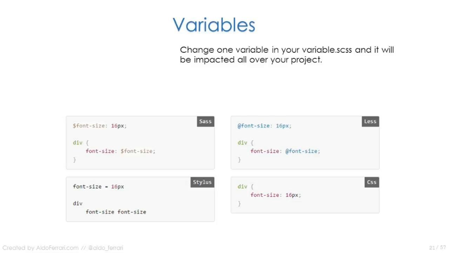Let's go through some real examples, some code that you can already play with and use. As we said, variables are very simple. It only changes the syntax depending on the language you prefer to use. As I said, we prefer to use Sass, and we will see why. Mainly because Sass is closer, if you can say it like that, to the CSS way of writing.